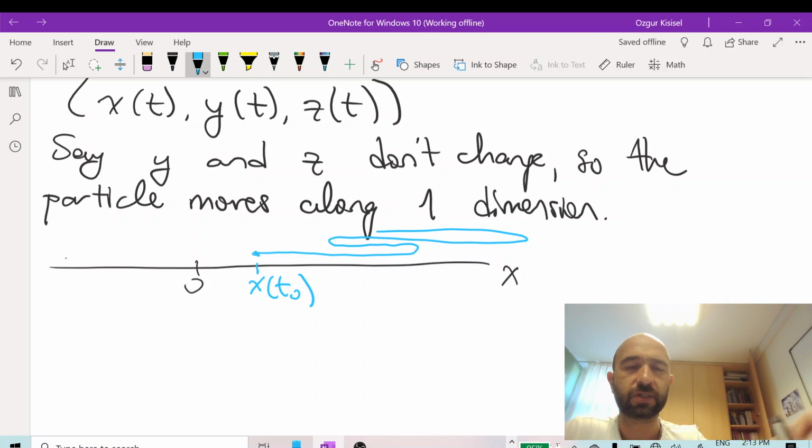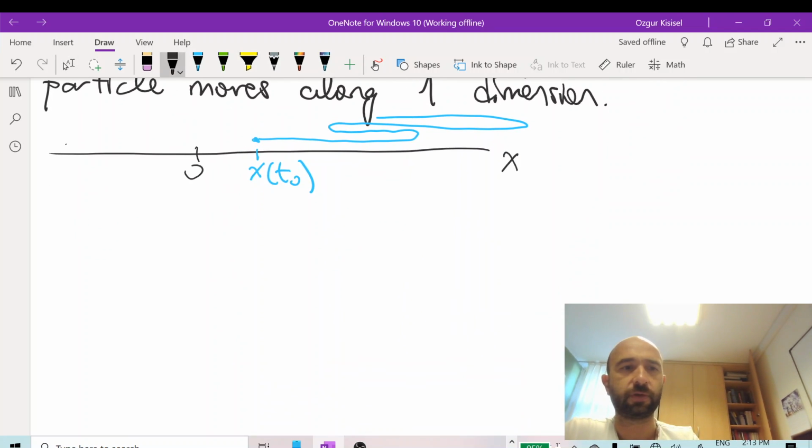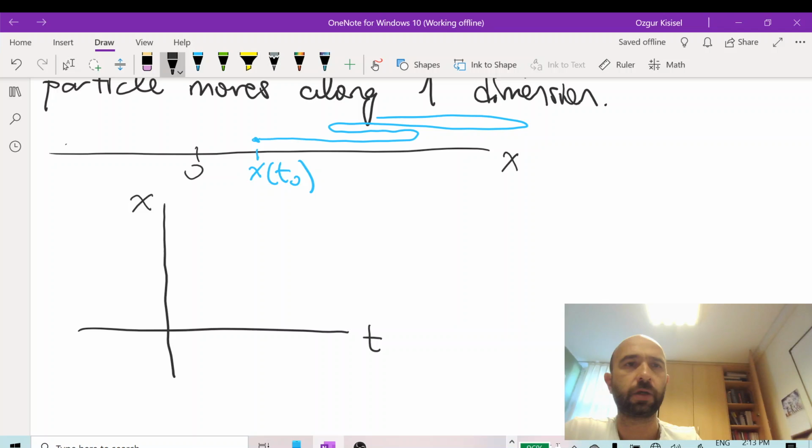Well, this is describing motion. And if you wanted to make a graph of x with respect to t, then you would have something like this. At time t0, it would be at some point x of t0.